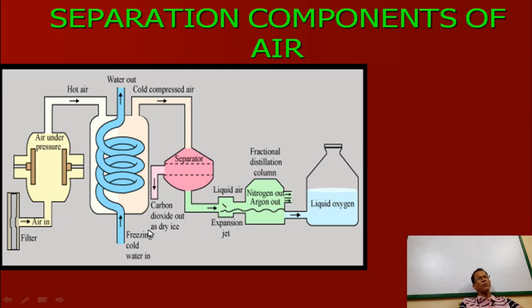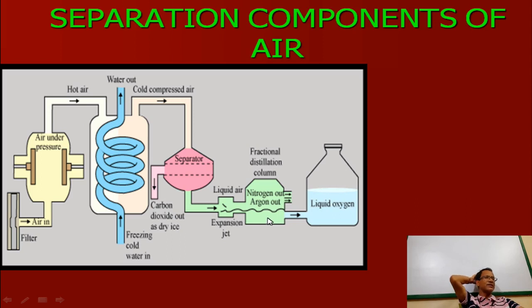Then it will be cooled first. Then the remaining mixture will pass through another chamber, then through the jet. When it is allowed to pass through the jet, the mixture containing nitrogen and argon will be separated. Nitrogen will be separated at the upper layer and argon will separate in the middle layer.